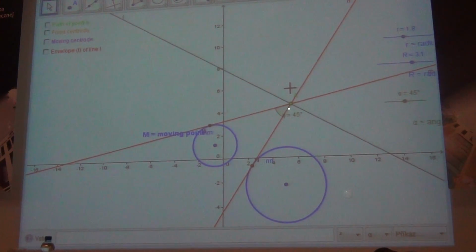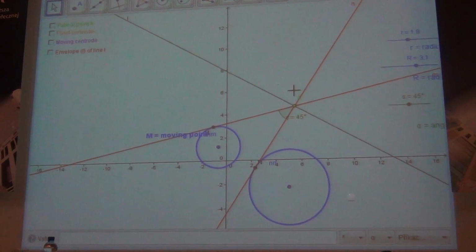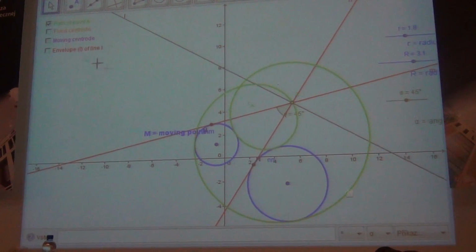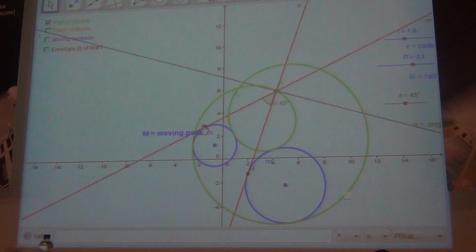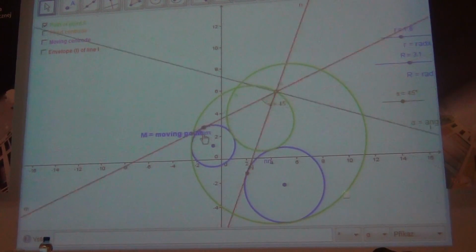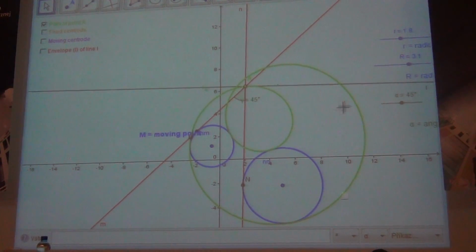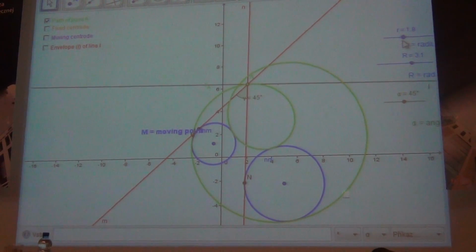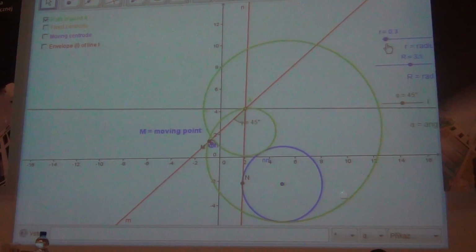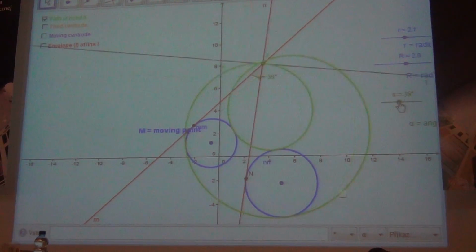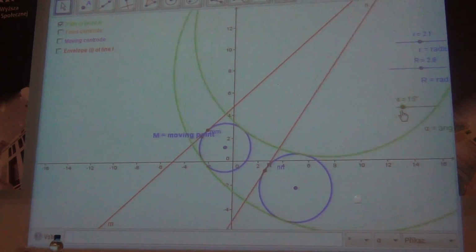You can see the point A, and the path of this point is the green curve. Of course, you can change some parameters, the radius of the circles, and so on, the angle of the 2 straight lines.